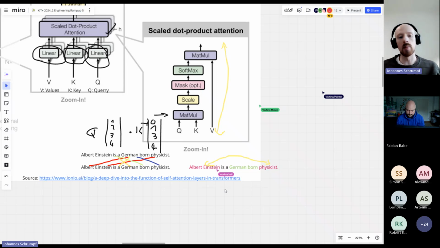So maybe a very early encoder block is then used to look at grammatical regularities, whereas a later encoder block is more specialized to distinguish between Albert Einstein in particular and German physicists in general, or maybe some time periods or something like this.